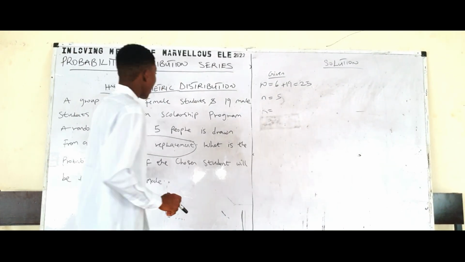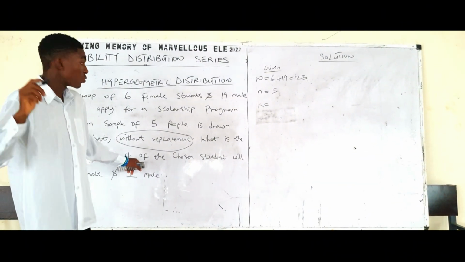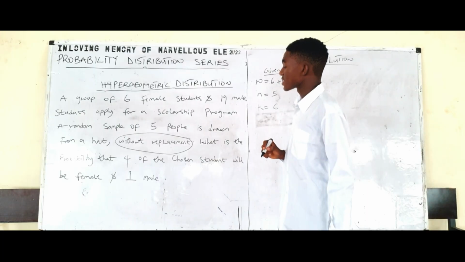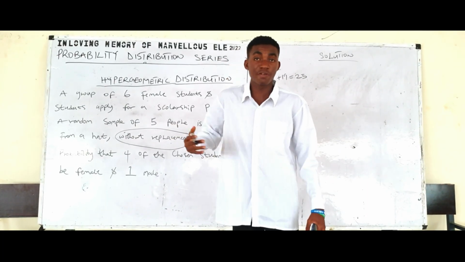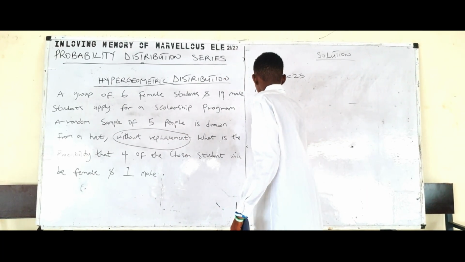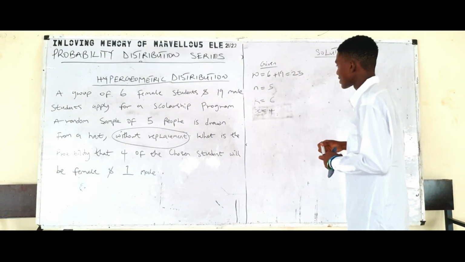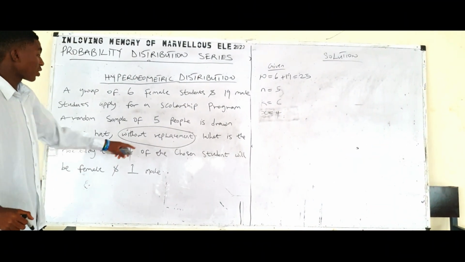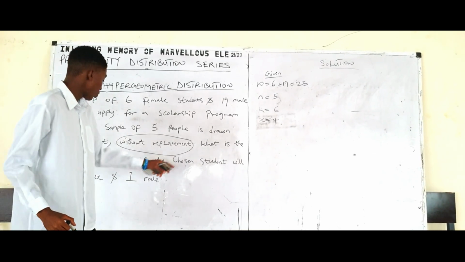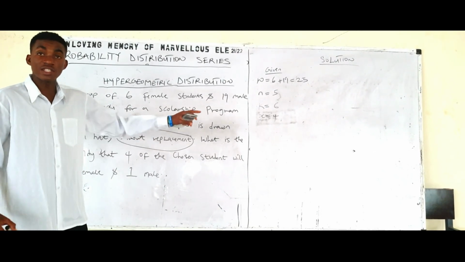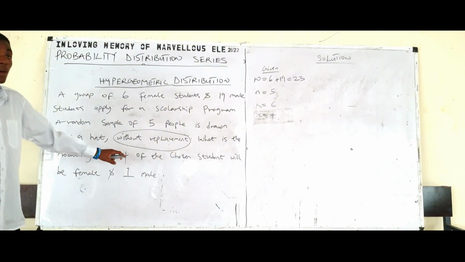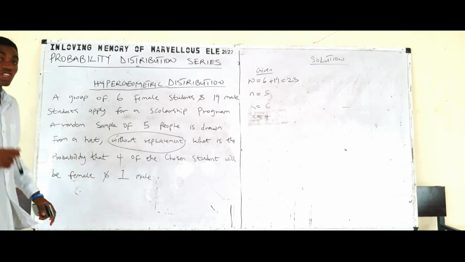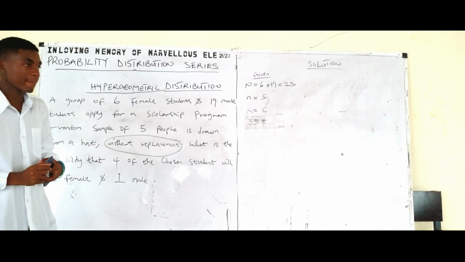So since female was favored, our K is the total number of females, which is 6. And our X is the number that was favored, so X equals 4. I repeat: since female was favored, K is the total number of females, which is 6, and X is 4.